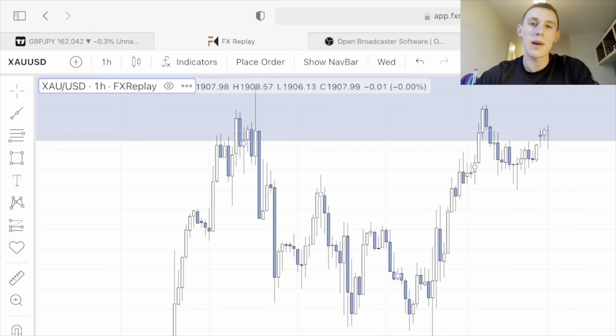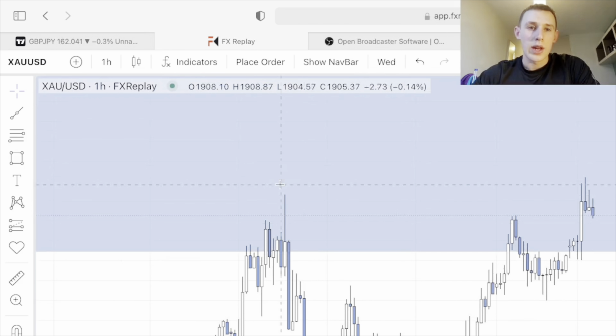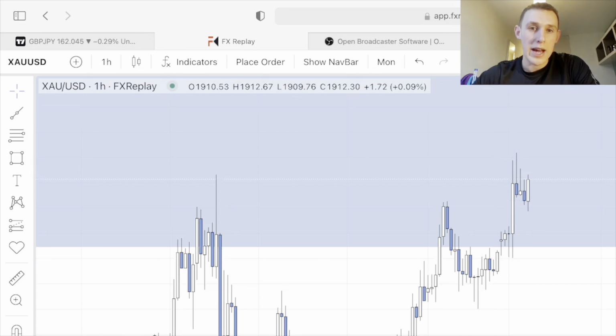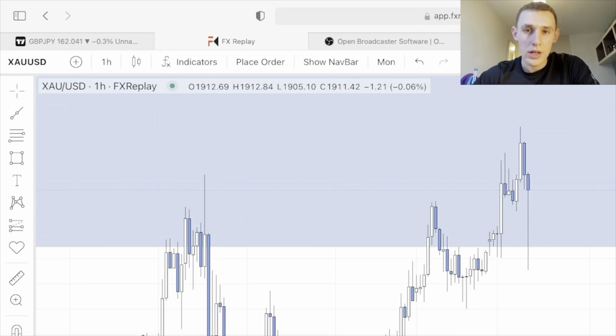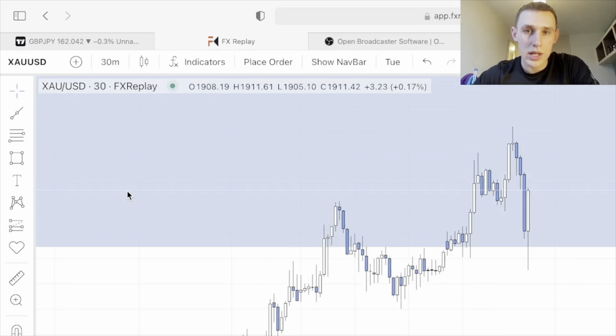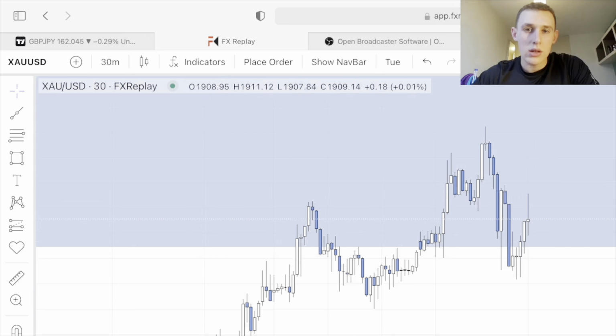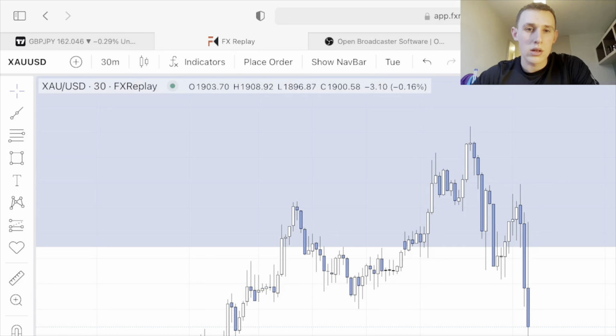Not seeing anything yet. There we go. So price has taken this level of liquidity now. So I think we can probably expect the real move to happen just after that. So if we see, there we go.